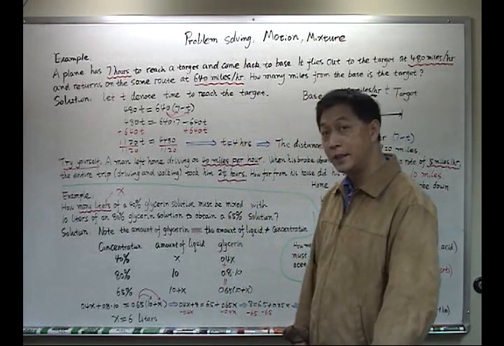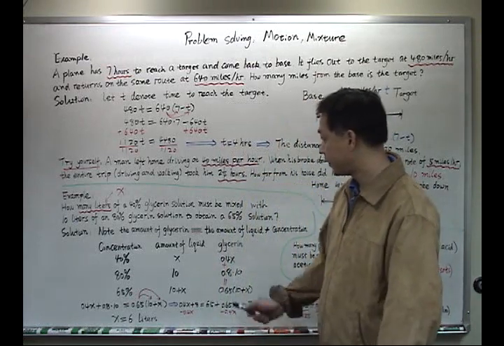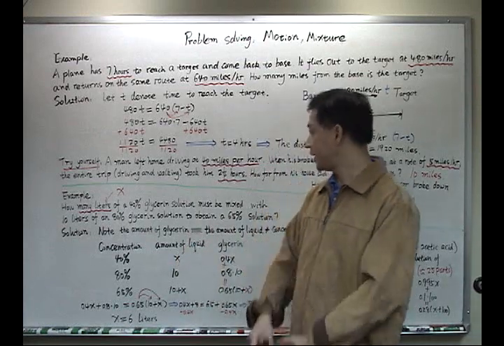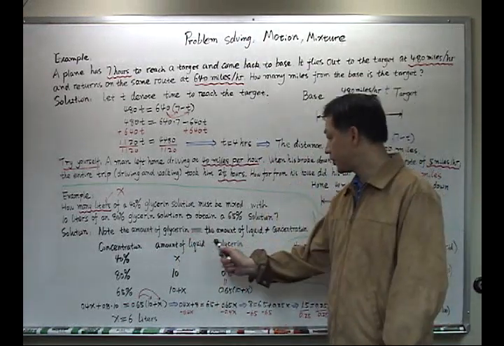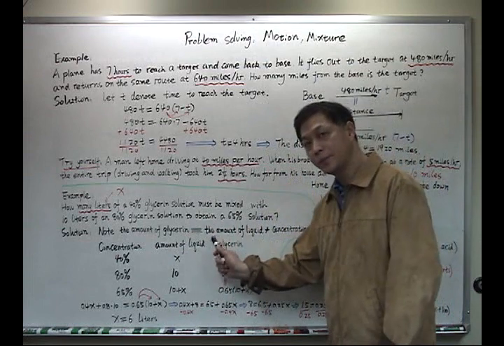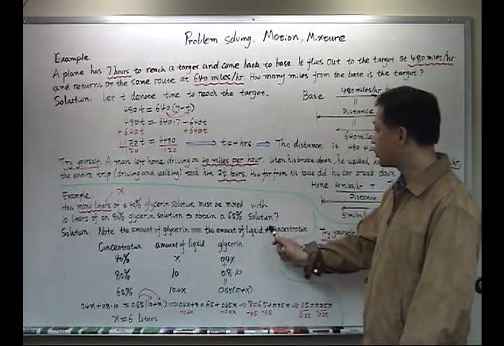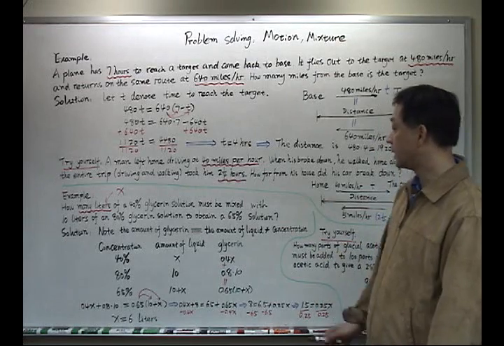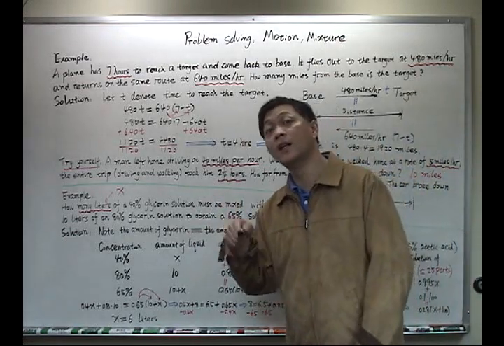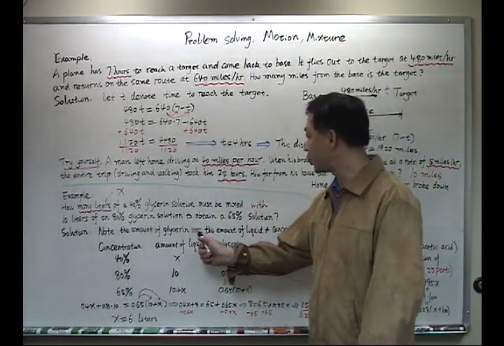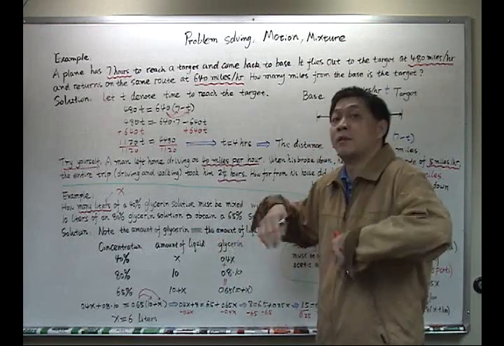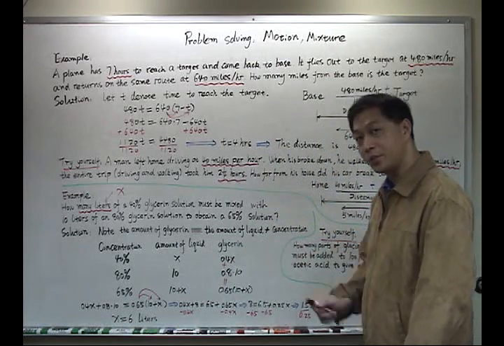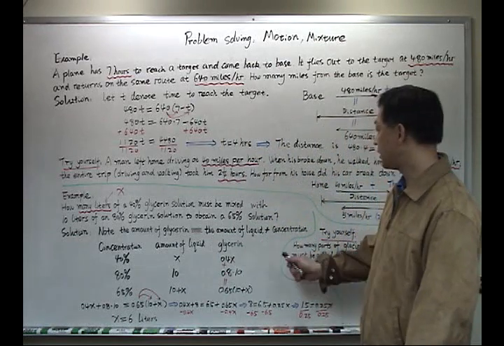First of all, we need to note that the amount of glycerin in a liquid equals the amount of liquid times the concentration. Okay? So the glycerin inside that liquid equals the amount of liquid times the percentage.